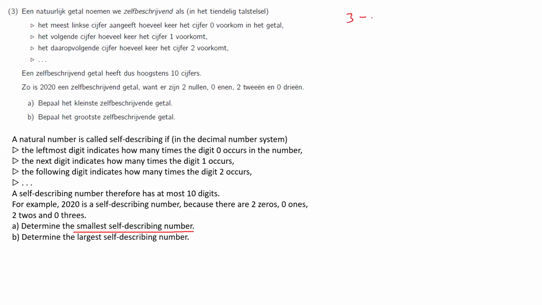So if we have a 3-digit number A, B, C, then A plus B plus C is 3 per lemma 1, and there's at least one 0, not A, but B or C, per lemma 2.